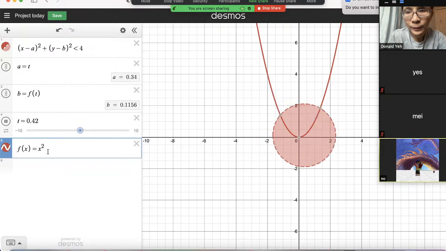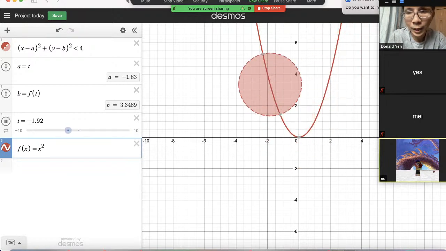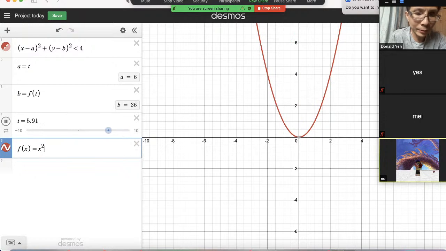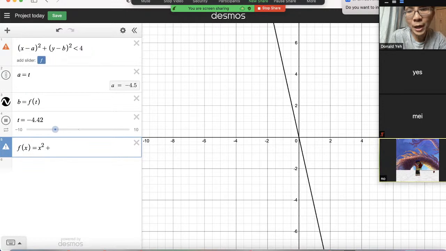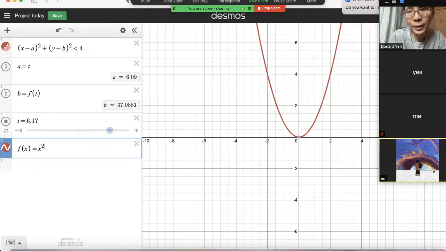Oh, wait, you need to do the circle a different way. The circle is going to be kind of hard. Let's try it. Maybe it works. Plus y squared. No, it doesn't work that way. Maybe try it. It doesn't work. Because you have 2 y, you have 2 f of x, right?